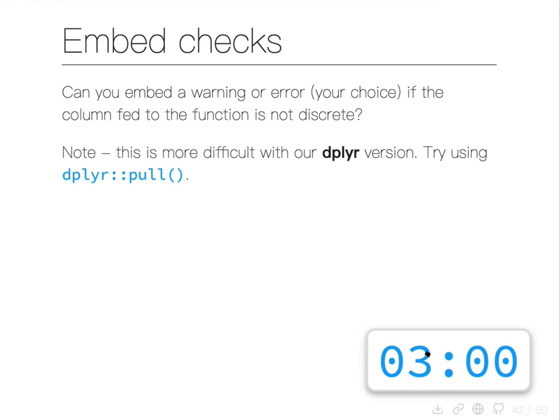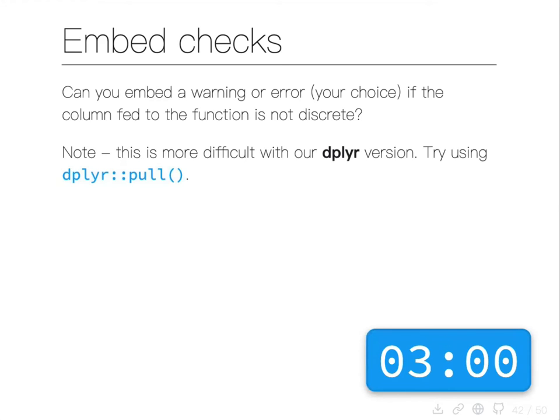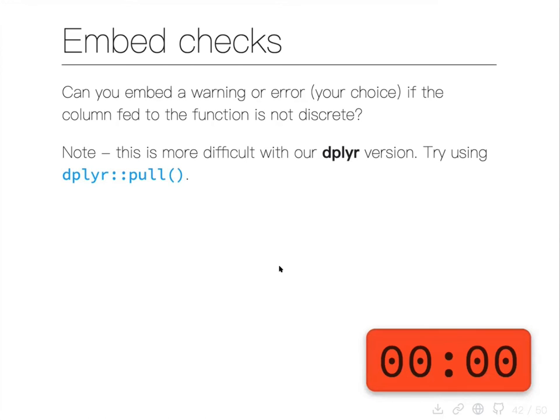So this is more difficult with dplyr. So I've given you a hint here. You can use dplyr pull to get just the vector back in return, just the atomic vector, so it's not a data frame, okay? So you can play around with that function outside of your function, and then try to embed a check on the column that is passed to it to check if it's discrete or not, okay? And if it is discrete, continue on with the function. If it's not discrete, have it throw a warning or an error, okay? Give that a try.